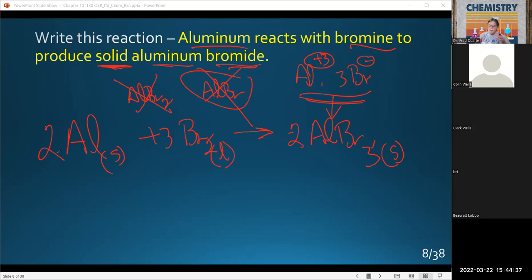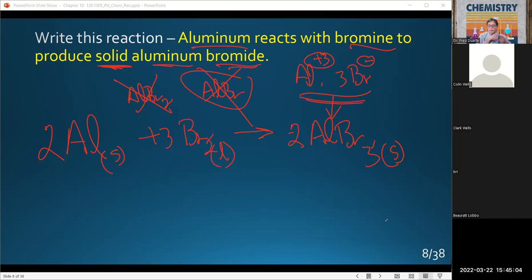Okay, that's how balancing works. You could start off on the reactant side or the product side, it makes no difference. You put a number down, the coefficient. Normally that sends you back to the other side. You put a coefficient there, and sometimes that sends you back to where you were. So you go back and forth with the coefficients, as many times as it takes, until you're balanced.